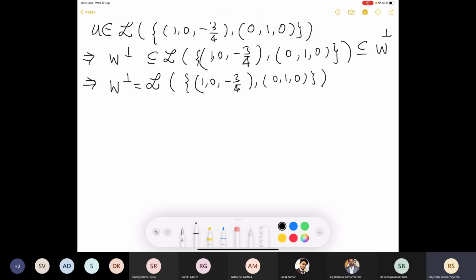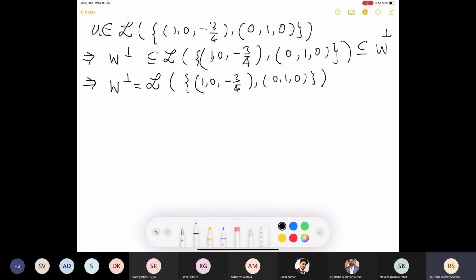This could have been done by taking some other vector also, for example, taking orthogonal vectors W1, W2, W3.